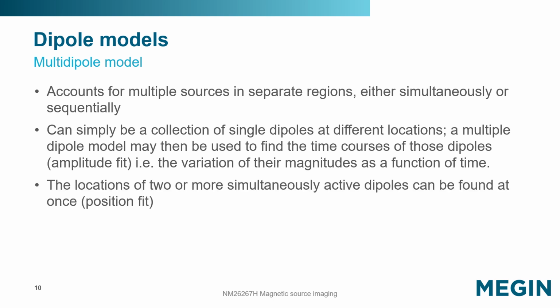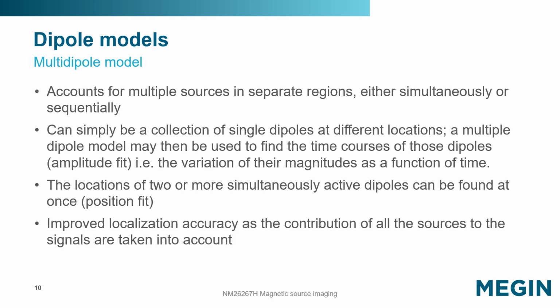In principle, the locations of two or more simultaneously active dipoles can be fitted at once in a multi-dipole position fit. In practice, this is often a difficult task. A full dipole fit, including dipole positions and amplitudes, can give us improved localization accuracy because the contributions of all the sources to the measured signals are simultaneously taken into account.